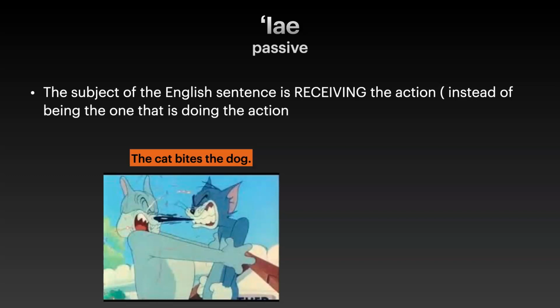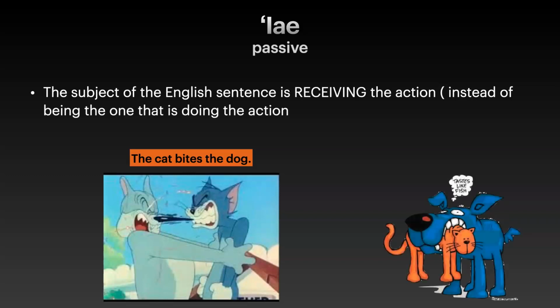Yeah, so the cat is the subject and the subject is the one that's doing the action, yeah, doing the biting. Versus in the passive voice, yeah, the cat is bit by the dog. Yeah, the subject is still the cat, but now it's receiving the bite instead of giving the bite. Okay, so that's what the passive is in English, and that's basically what happens in Hawaiian as well.